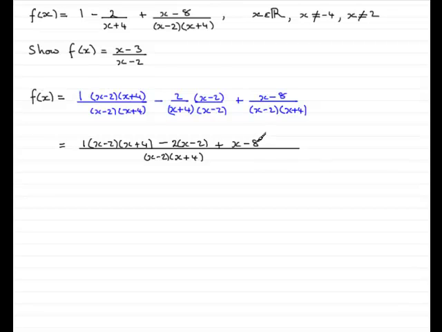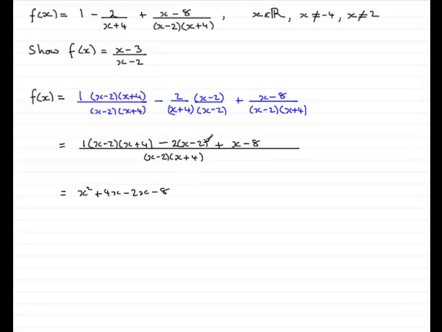Right, well, we've got this line. What we need to do now is just simplify it by expanding the brackets. I can expand this pair here and I'm going to get x squared plus 4x, then minus 2x, and then minus 2 times 4 is minus 8.